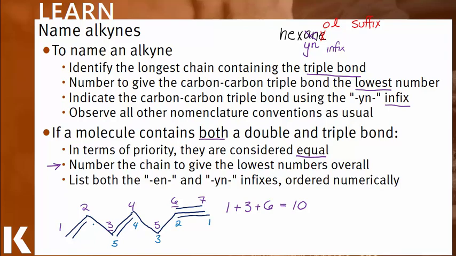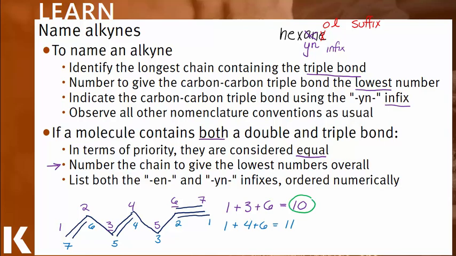Now, in this case, notice that we have the alkyne, that triple bond, as number 1, and then we have the double bonds on carbons 4 and 6. So here the sum is 11. Because we want to have the lowest sum overall, we would want to go with the numbering from left to right. And we'll have some cases where we have the same sum as we look at some examples, and we can explore what to do in that case when we get to it.